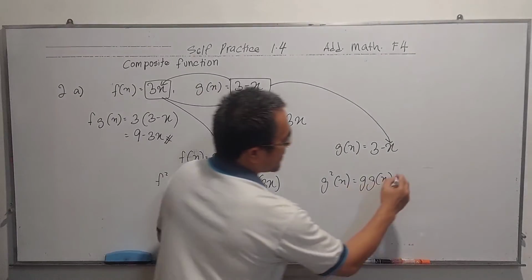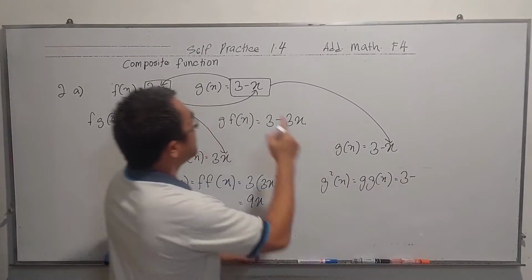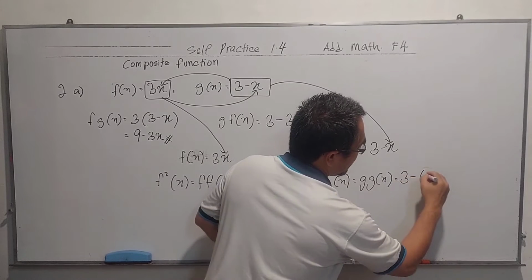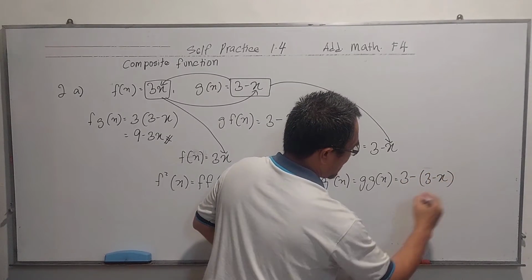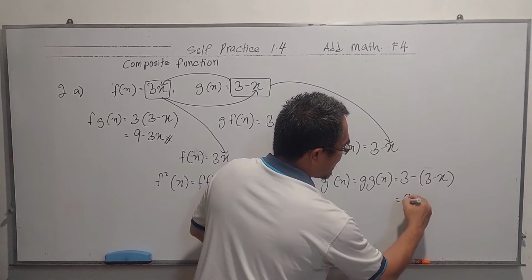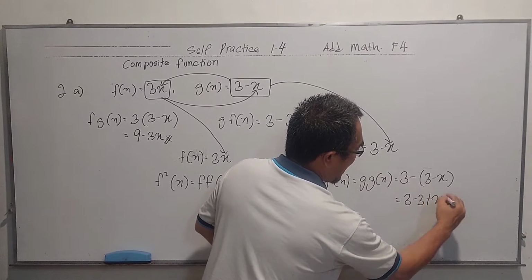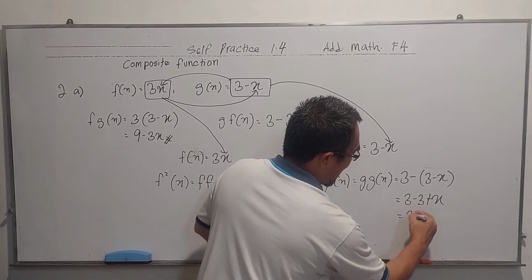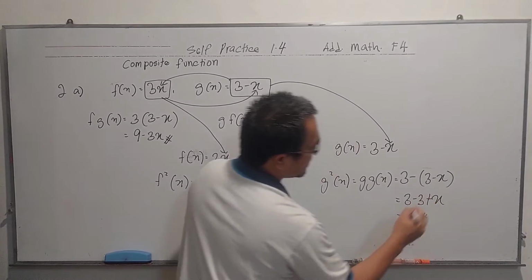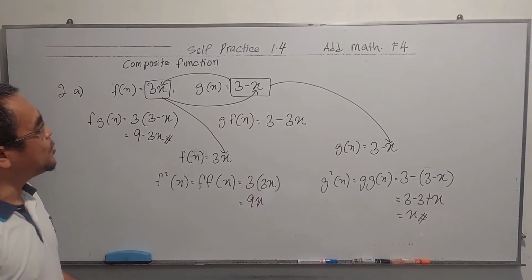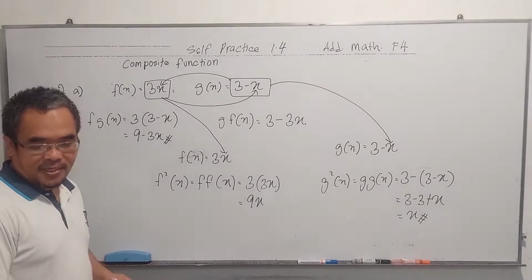So it becomes 3 minus bracket 3 minus x. So it becomes 3 minus 3 plus x, which is x. Okay, that's how you do composite functions.